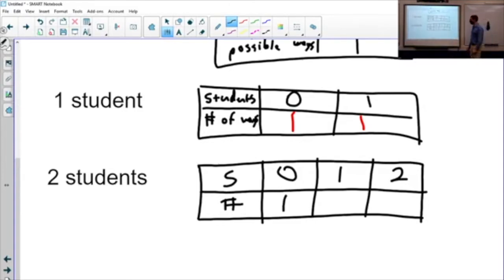How many different ways could I select one of them? 2. I could either pick Marley or I could pick Sam. That's 2 different ways that I could select one student. How many different ways could I select 2 students?